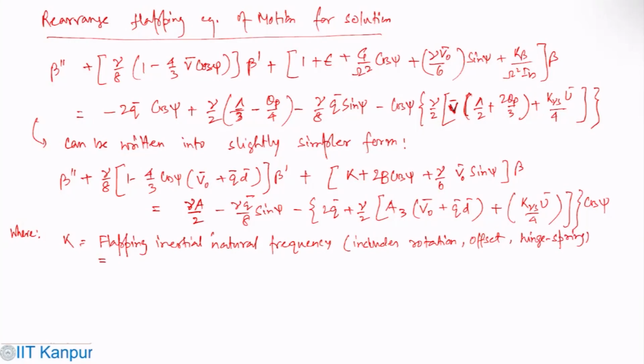So this is given as 1 plus epsilon plus k beta by ib omega square. Okay.